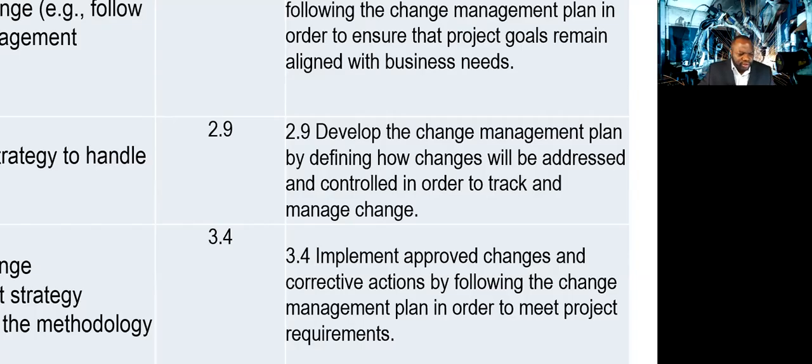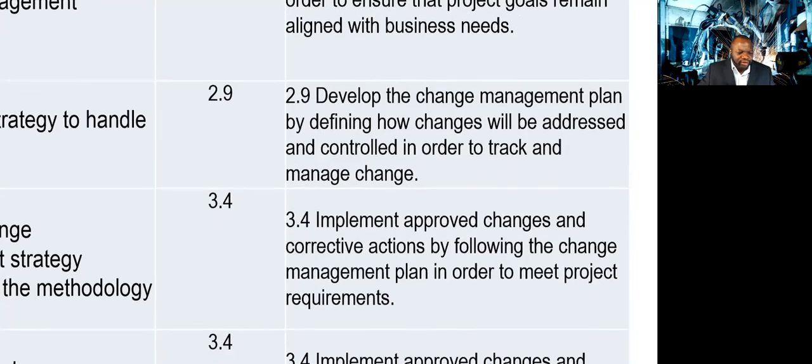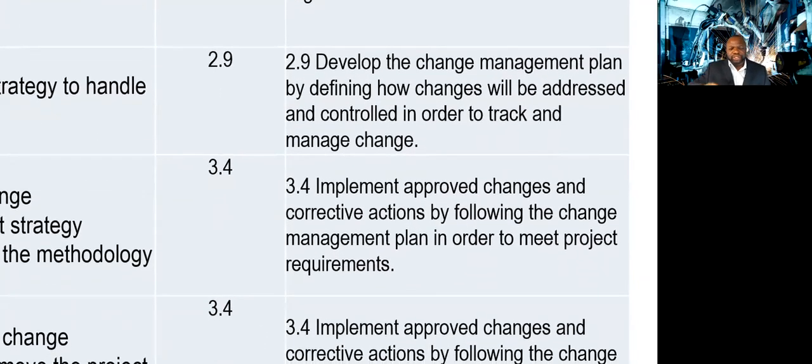this is where you should be thinking about change management plans. Okay? So develop a change management plan by defining how changes will be addressed and controlled in general, whether it's scope, schedule, cost, risk change, contract change, whatever it is, it needs to be planned and it needs to be tailored towards one approach. Do we have a change control board or not? What power does the project manager have? What power does the project sponsor have?